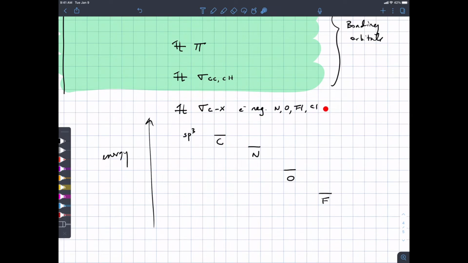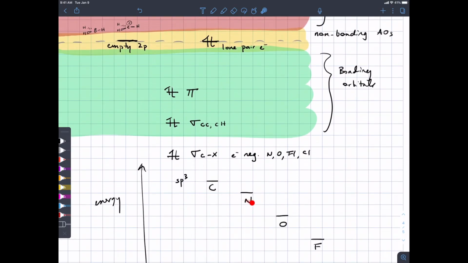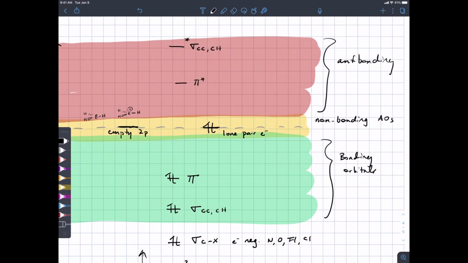Fortunately, it's inconsequential. Electrons in a carbon sigma bond are never going to be the HOMO of our molecule. But the electronegativity of nitrogen, oxygen, or fluorine relative to carbon will also pull down the energy of the corresponding sigma star.